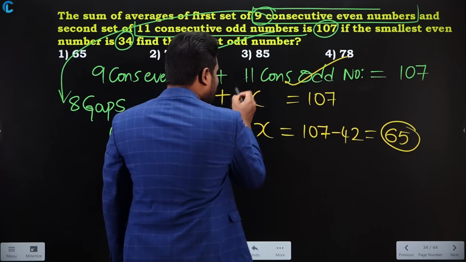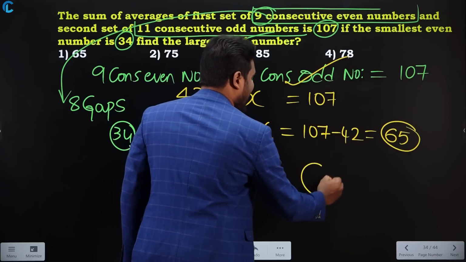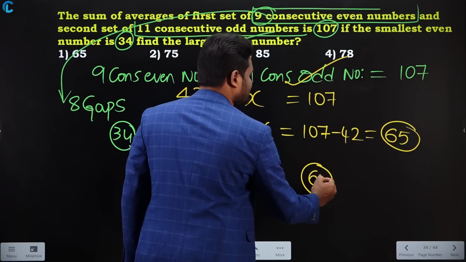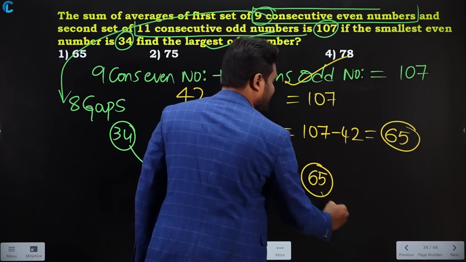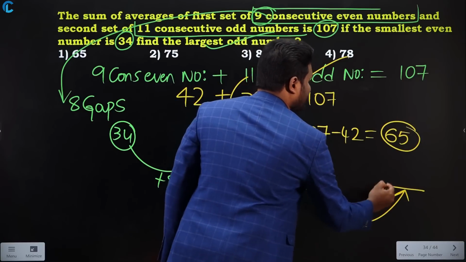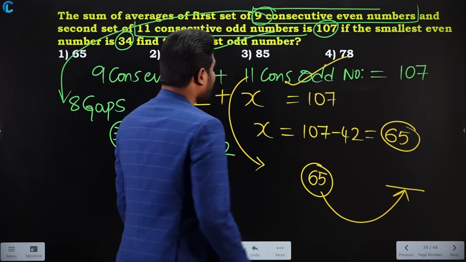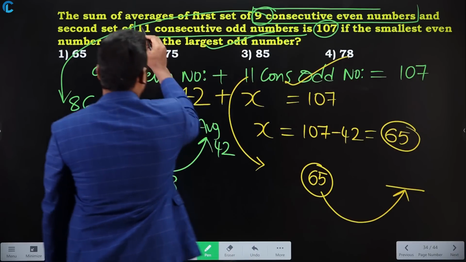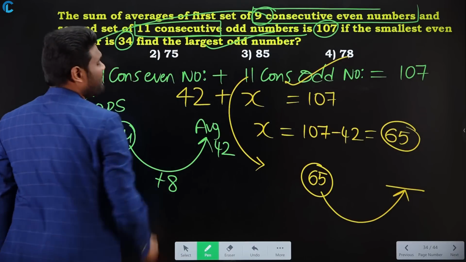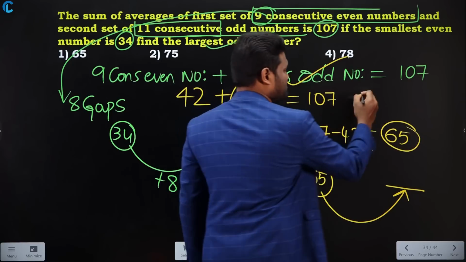Very simple. For these 11 consecutive odd numbers, average is nothing but 65. If average is 65, we are asked to find the highest number. What is the highest number? If you observe the question clearly, for 11 numbers, how many gaps will you have? For 11 numbers, you are going to have 10 gaps. Yes or no?